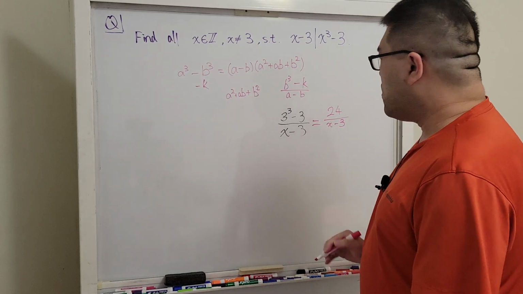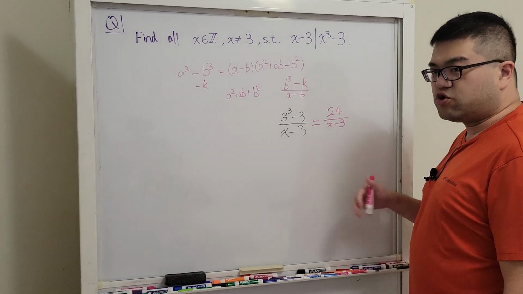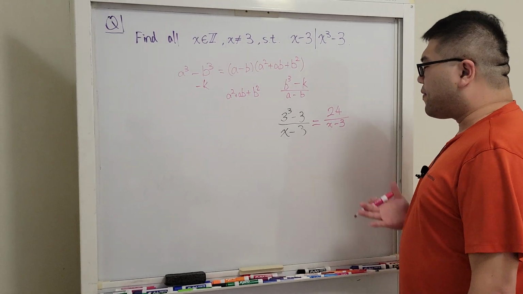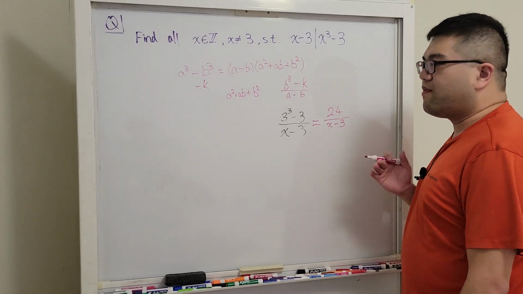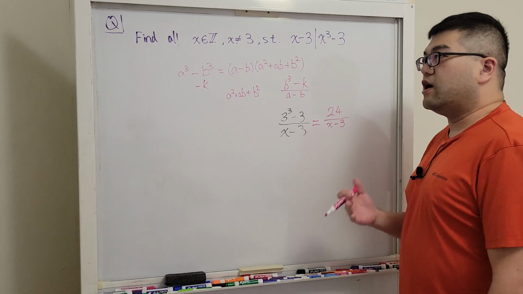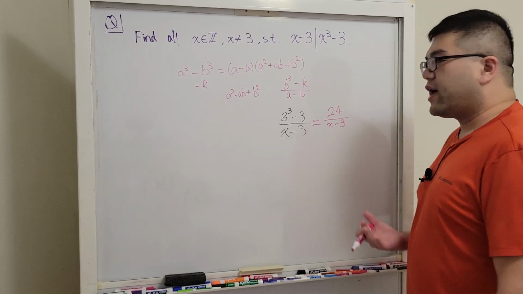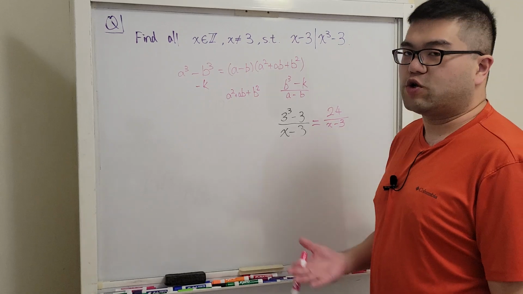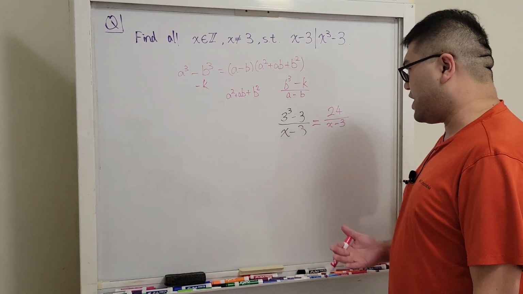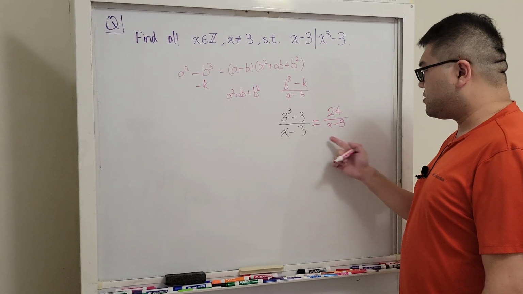Now, once again, we want this fraction to be a whole number, implying that the denominator must be some factor of the numerator 24. And in this case, of course, we can include both positive and negative factors.